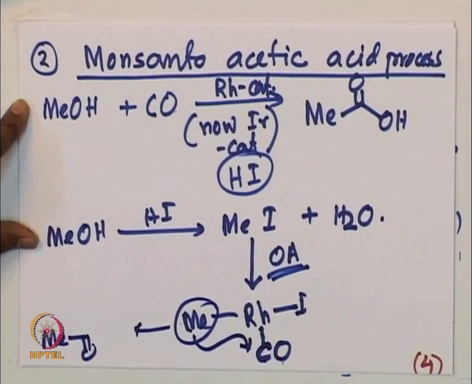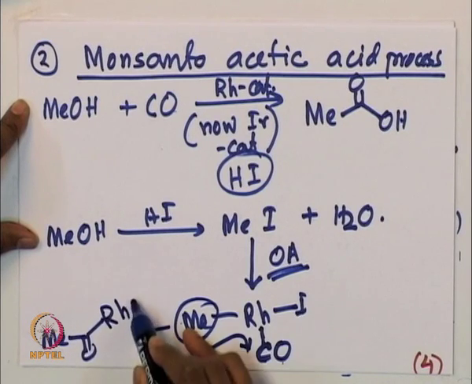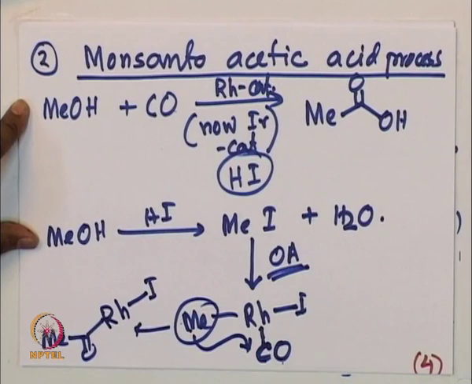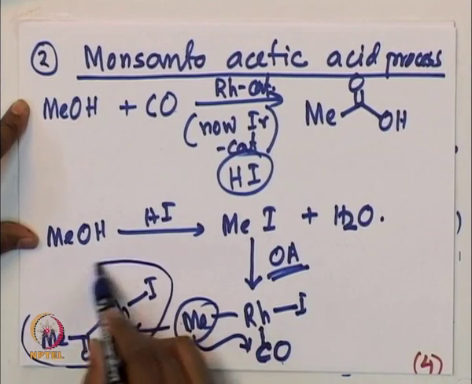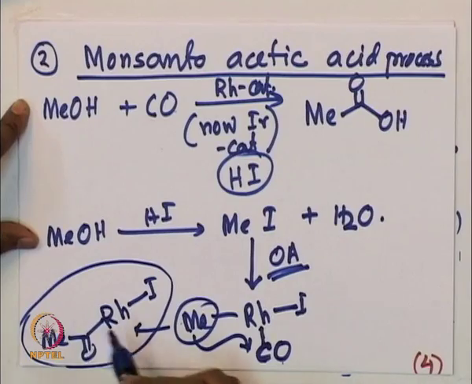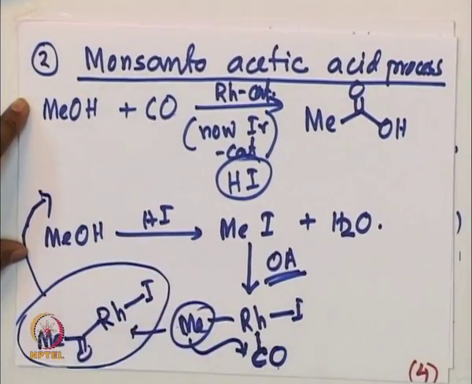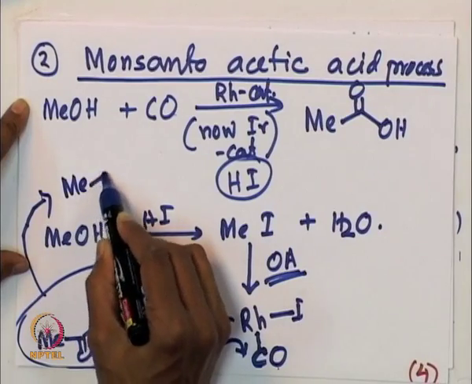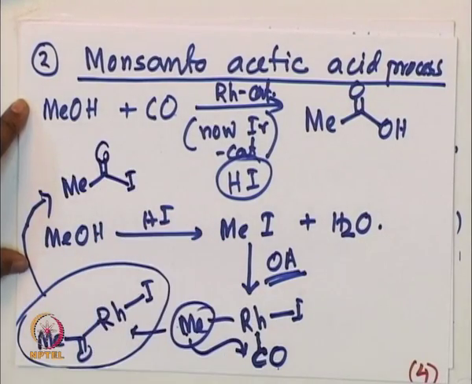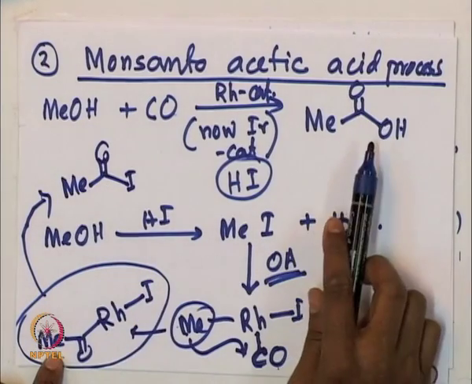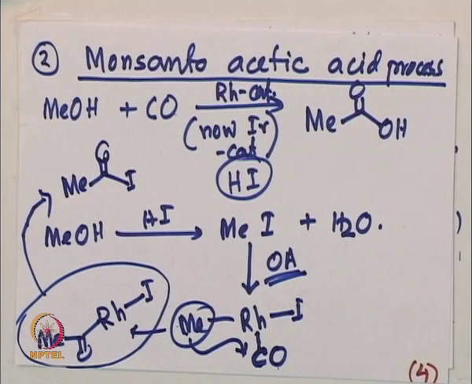So, at the alpha position methyl is getting inserted here to give you this rhodium intermediate. From this intermediate you will get MeCOI, and then hydrolysis of this intermediate will give you the acid. It is a very simple reaction, but an elegant example of alpha migratory insertion.